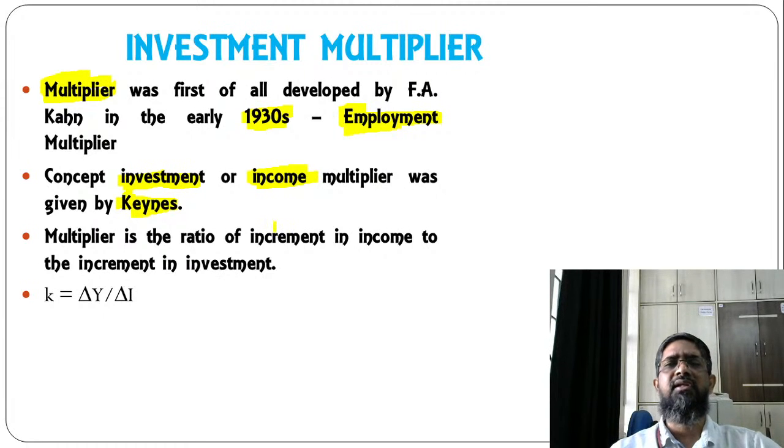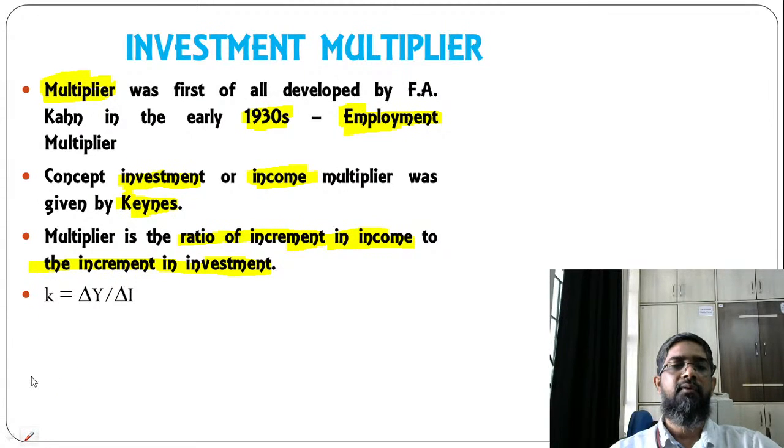Now the question is, what is this investment multiplier? Dear students, investment multiplier simply is the ratio of increment in income to the increment in investment.